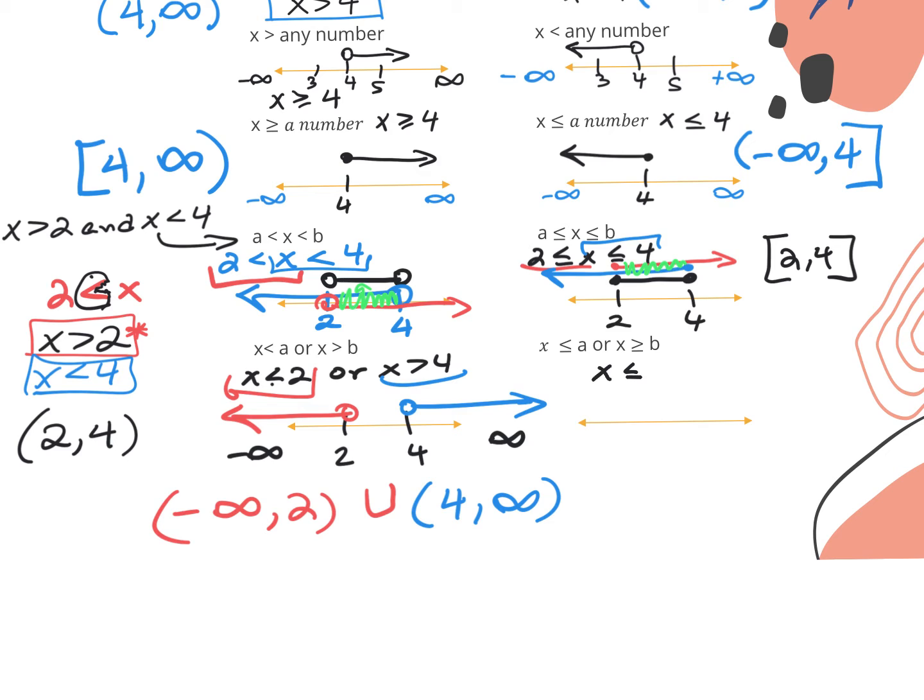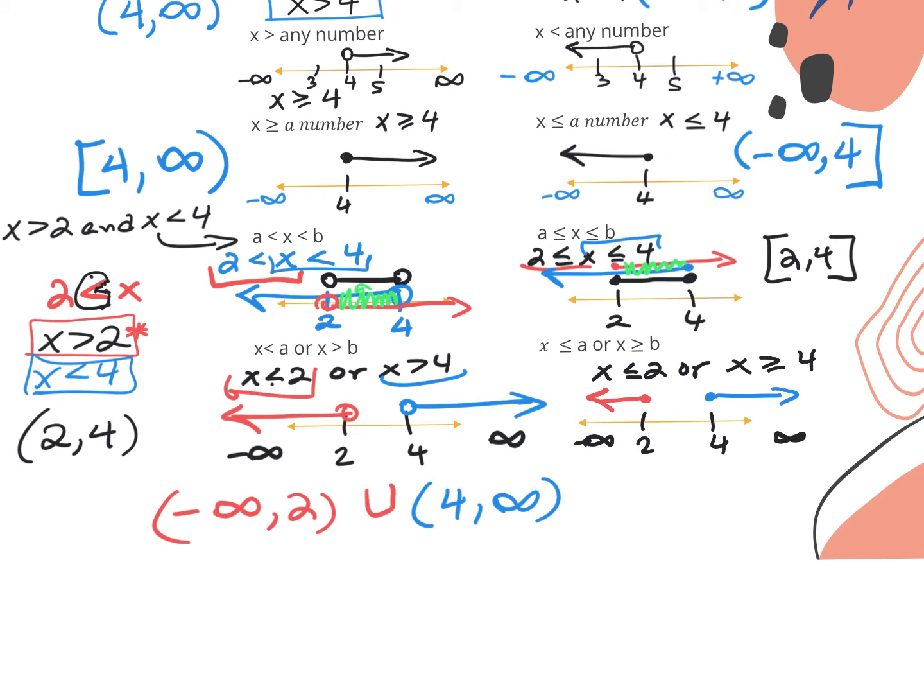So x less than or equal to 2 or x greater than or equal to 4. So add the 2 and the 4. When I graph it, it's going to be a closed circle pointing to the left. And this will be a closed circle pointing to the right. In interval notation, again, it's going to go from negative infinity.